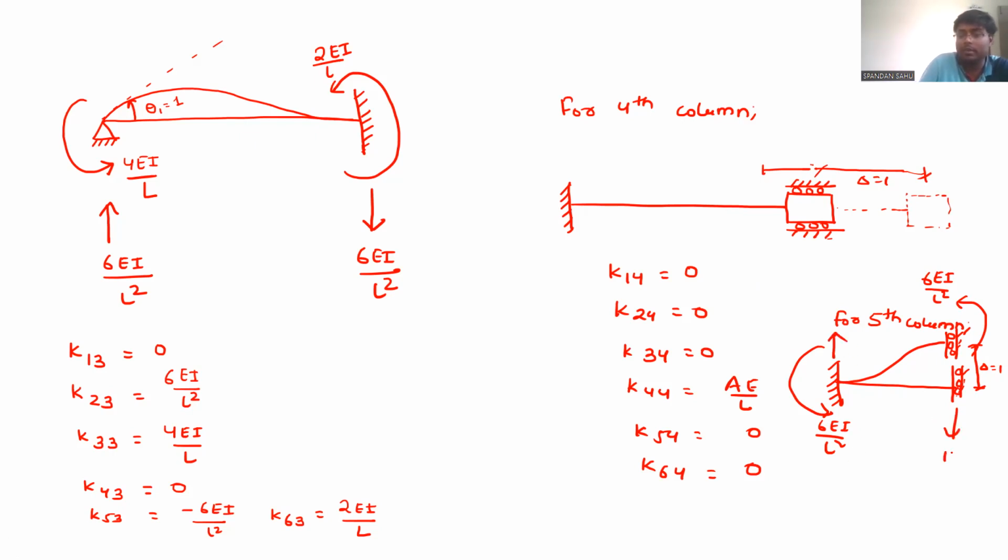It will be 12EI delta upon L cube. This will also be 12EI delta upon L cube. Now write K15, 0, K25. What will be the K25 value?